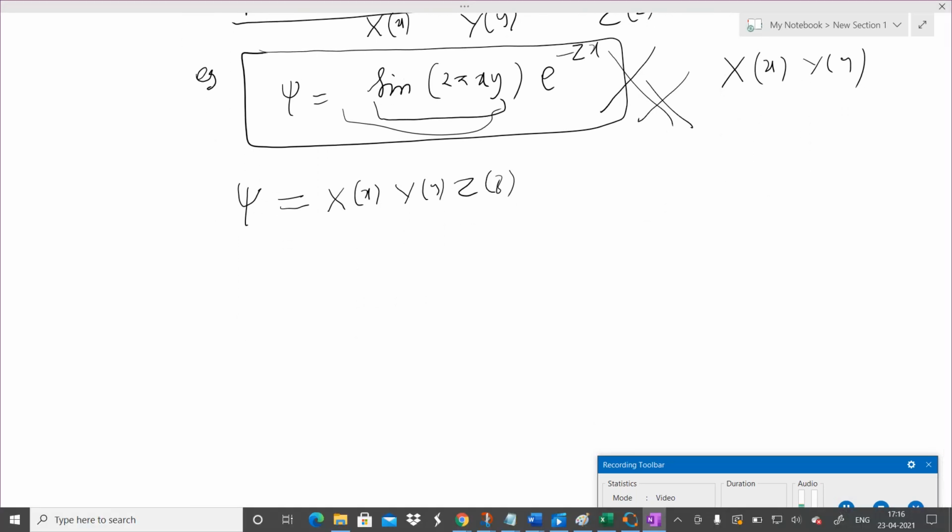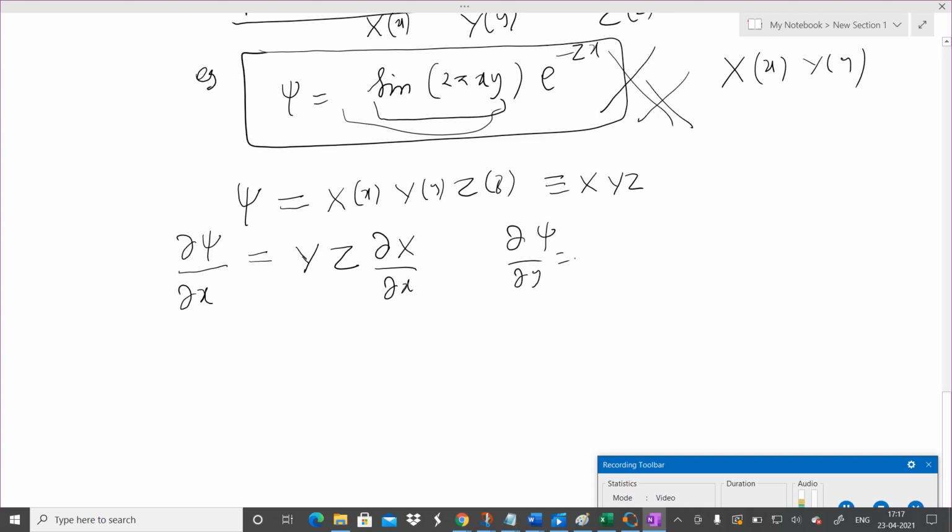Now we will differentiate partially with respect to x, y and z. We get, since Y and Z don't depend on x, they remain as they are. I will drop the small y and small z for convenience, and take the partial derivative with respect to x. Similarly, del psi upon del y and del psi upon del z.